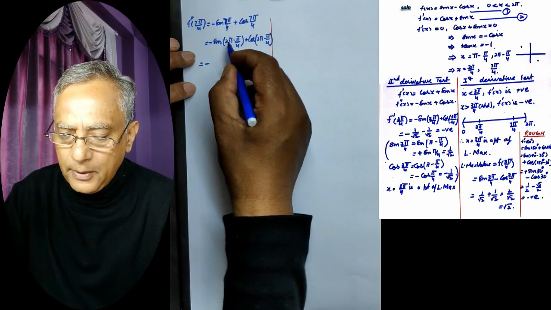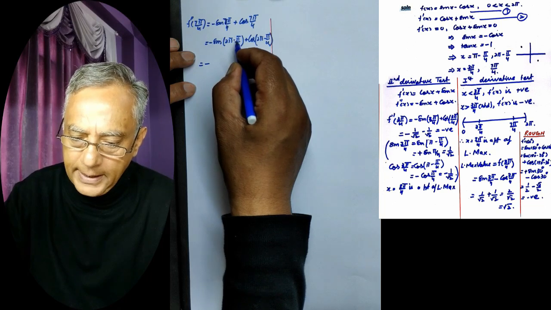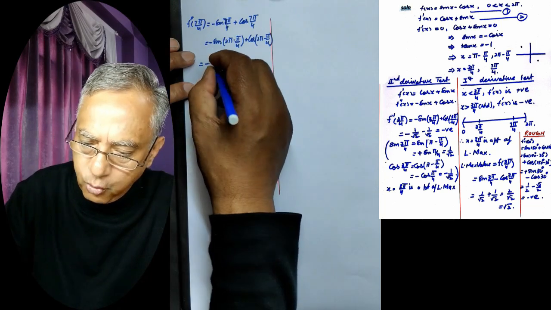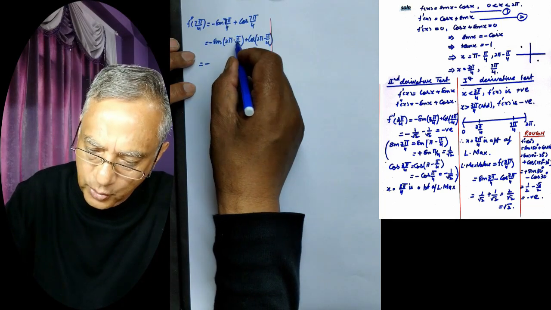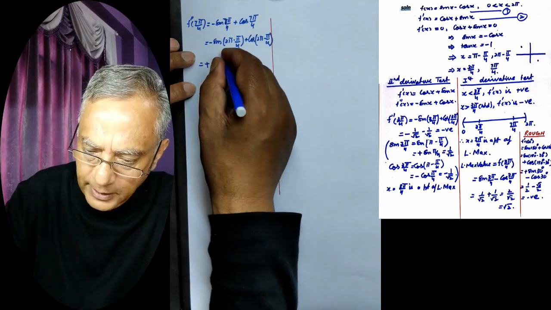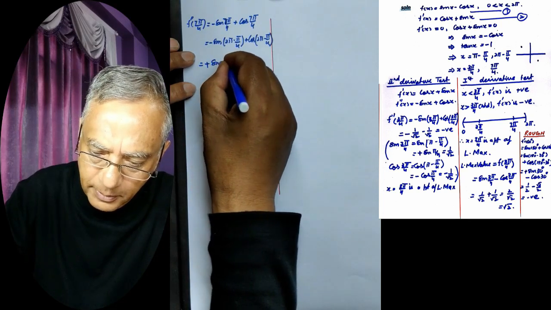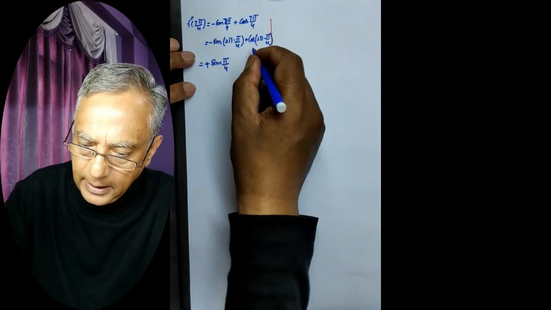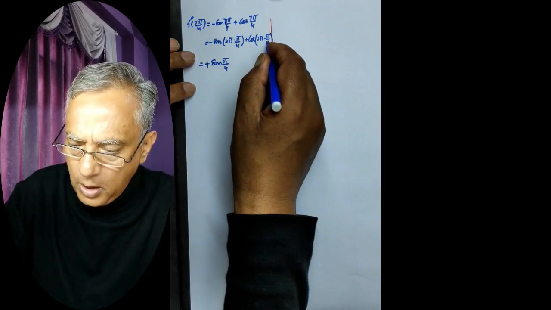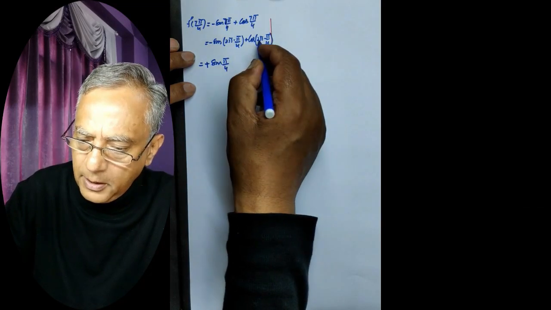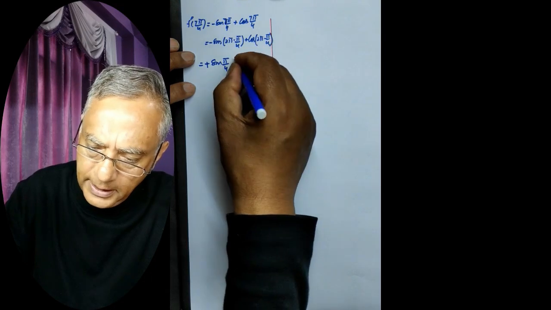2 pi minus pi by 4 is in fourth quadrant, and this is even multiple. Therefore in fourth quadrant sine is negative. So negative is positive. We will have sine of pi by 4. And again cos is positive in fourth quadrant, and this is even multiple of pi by 2. Therefore cos will remain cos.